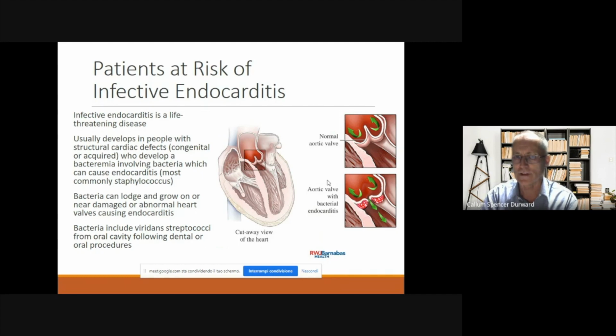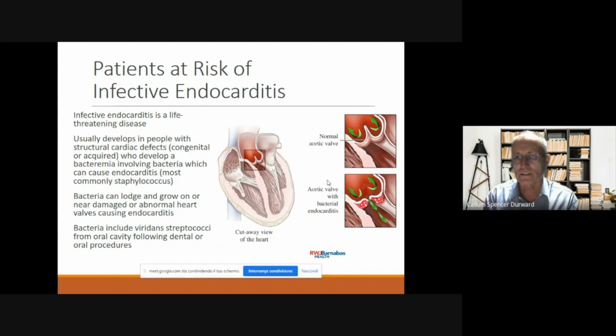It usually develops in people with structural cardiac defects, which can be congenital or acquired, who then develop a bacteremia involving bacteria which can cause endocarditis, most commonly Staphylococcus. The bacteria can lodge and grow on or near damaged or abnormal heart valves, causing endocarditis.